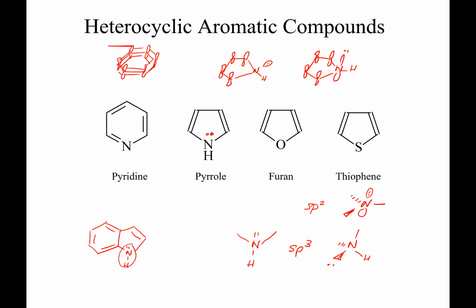But how many pi electrons do I have? Well, if I've got a double bond, I've got 2 here, 2 here. And so the nitrogen says, if I become sp2 hybridized, I can now contribute 2 more. That's going to give me 6 pi electrons. And all of a sudden, the molecule is going to become super stable.